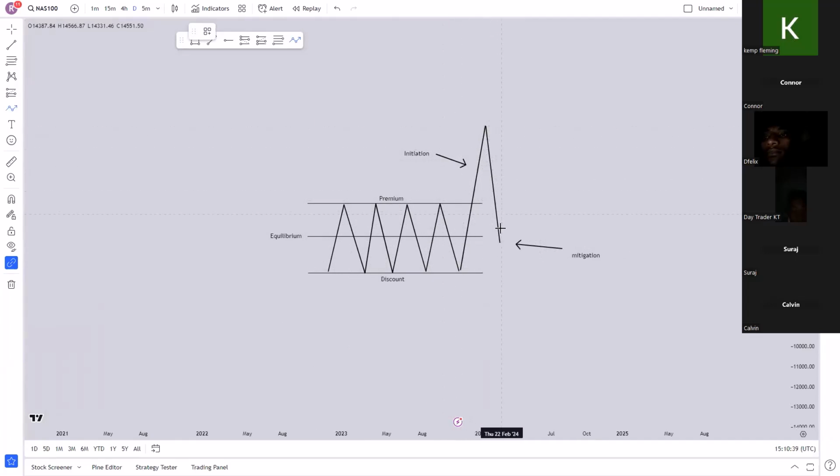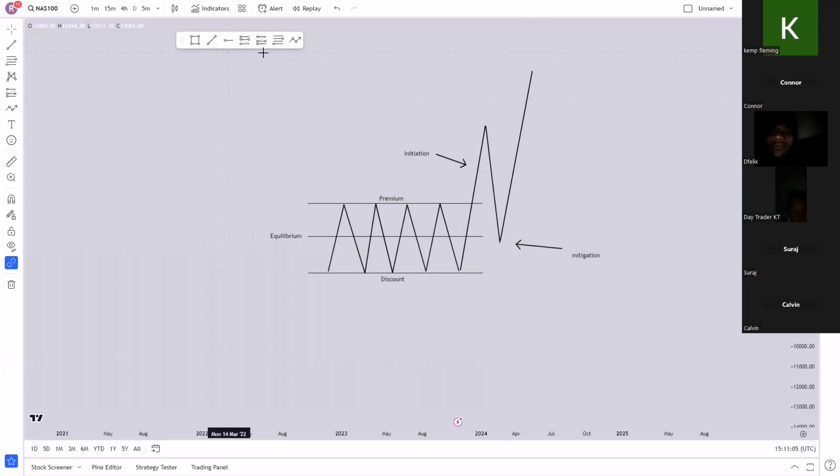We then get the mitigation phase, which is returning to this range, retesting, tapping in, whatever you want to call it. Mitigation is just a fancy name. We get that mitigation back into that range, and then we get the continuation phase, which is again easily described by flying again. Okay, so we fly back up to the upside again, showing that demand is in full control.